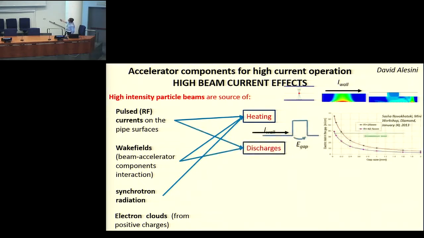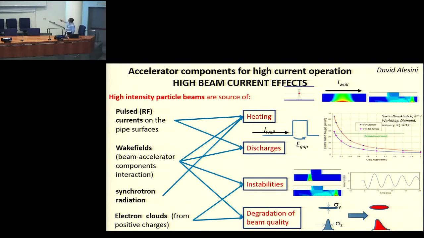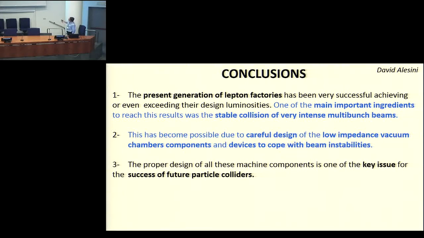Accelerator as a component for high current operation. The high beam current is a source of heating, discharging, and the degradation of the beam quality. So one of the main important ingredients to reach this result was the stable collision of the very intense multi-bunch beams.